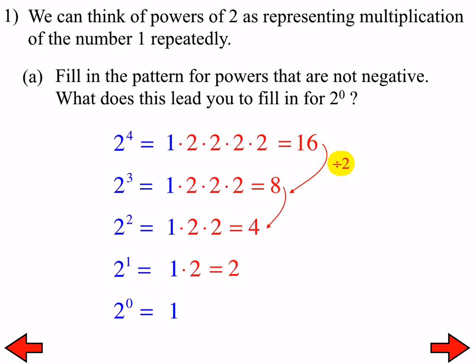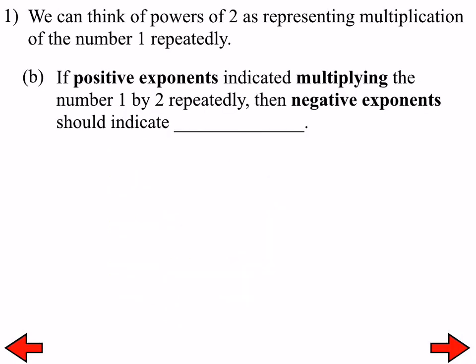To go from 8 to 4 or 2 to the 3rd to 2 to the 2nd, we can think of that as dividing by 2 or multiplying by 1/2. And the same thing as we continue to decrease the exponent by 1 each time.